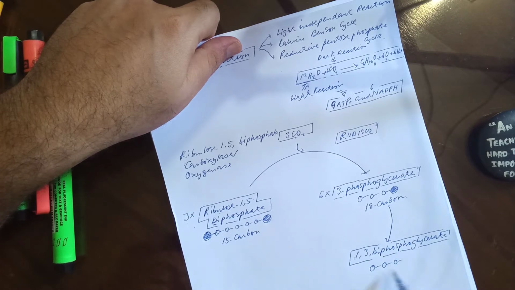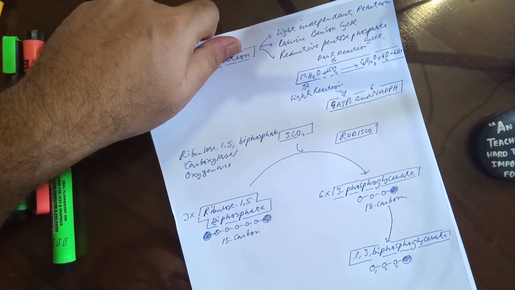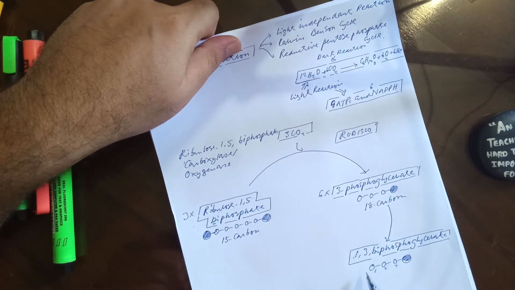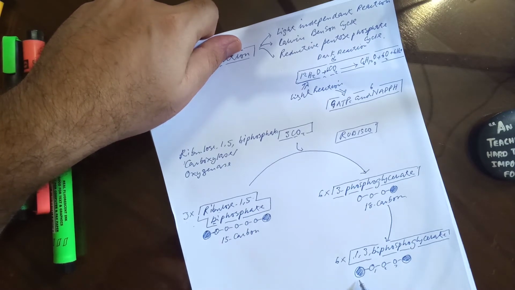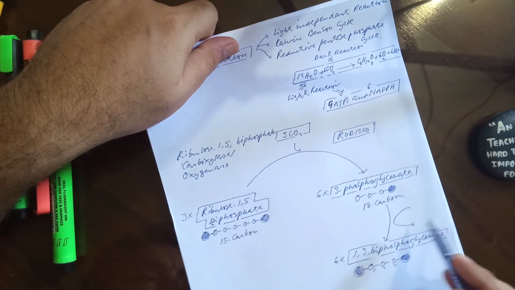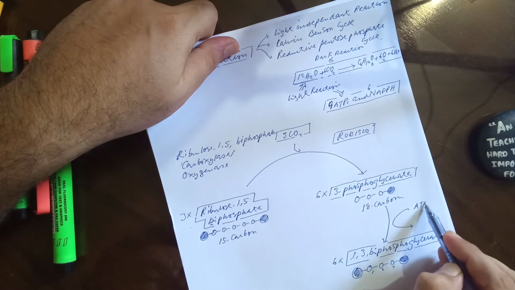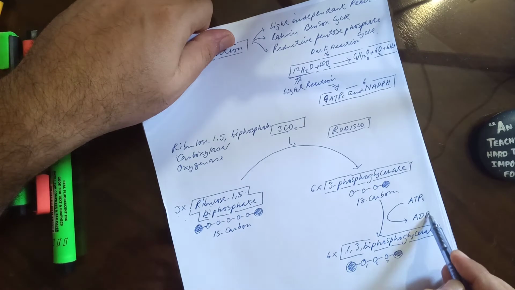Now, this was the 3 carbon structure, and on the third carbon you had a phosphate group. What I see right now is we have a phosphate group here on the first carbon. And it's not just 1 molecule, it's 6 molecules. So certainly we have taken 6 phosphate groups from some compound, and these compounds are nothing else but the ATPs coming from the light reaction, the first half of the reaction.